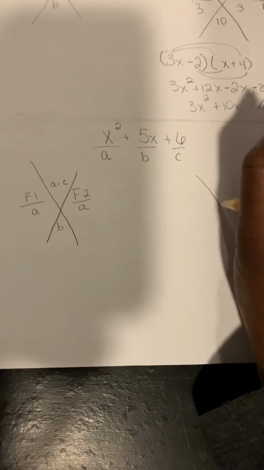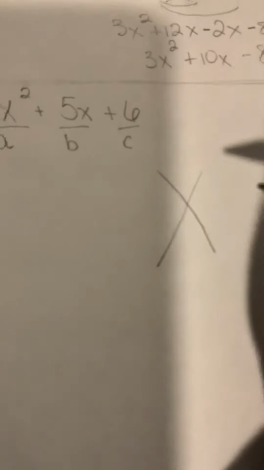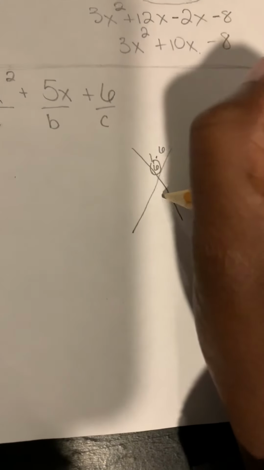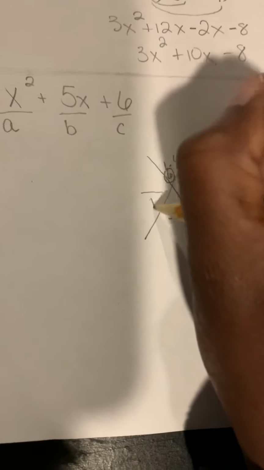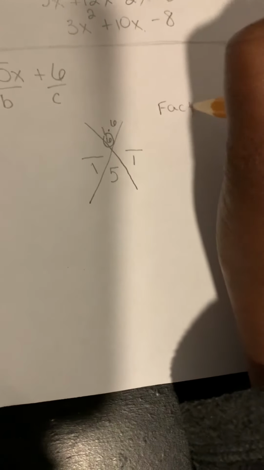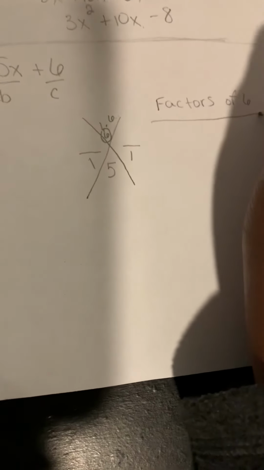A times C is 1 times 6, which is just 6. B is 5. A was 1. Again, we want to find the factors of A times C, so factors of 6 that add to give you 5.